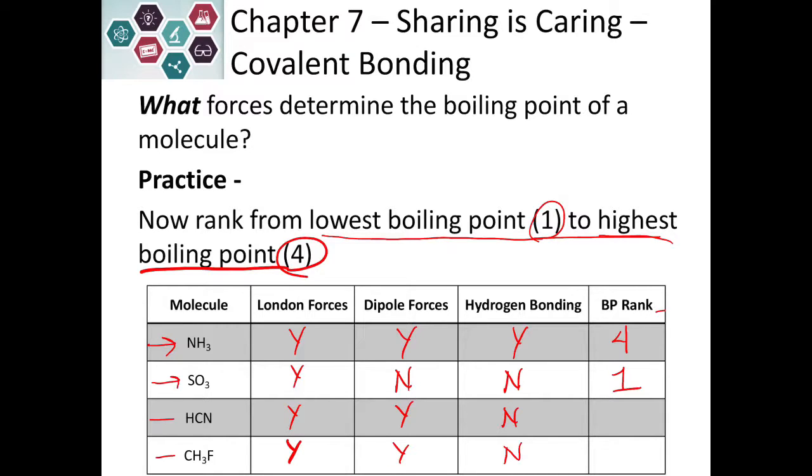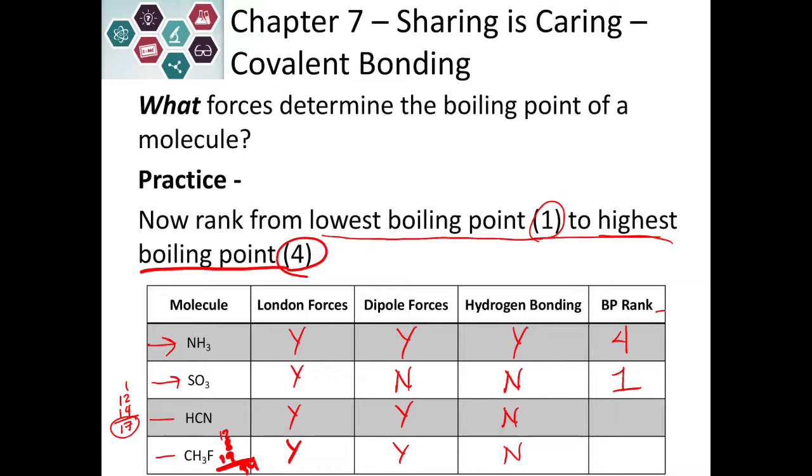So this is going to be broken by molecular weights, which HCN was 1 plus 12 plus 14, which was 27 grams per mole. CH3F, we have 12 plus 1 times 3 plus 19, so we've got 34 grams per mole.